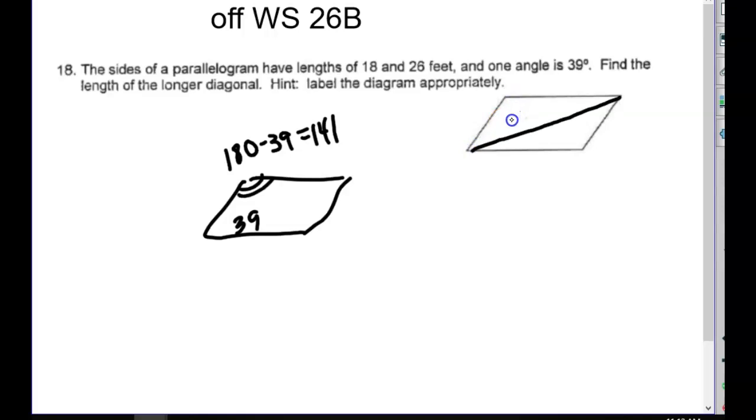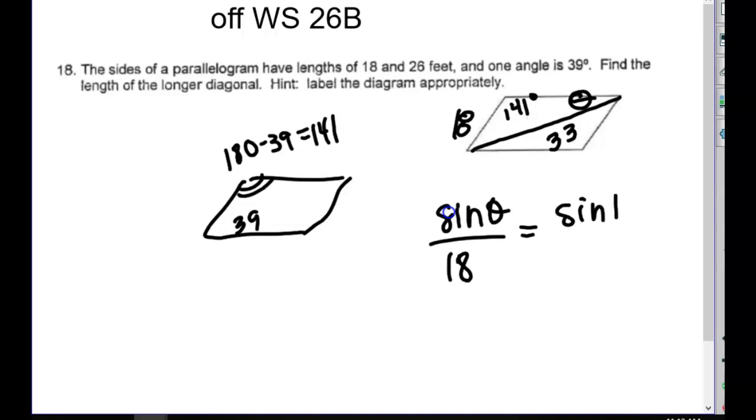So if I told you that the diagonal was 33 and this was 141, okay? And this side was, what did they say, 18? Now, could you find this angle up here? The sine of that is across from 18 as the sine of 141 is across from 33.